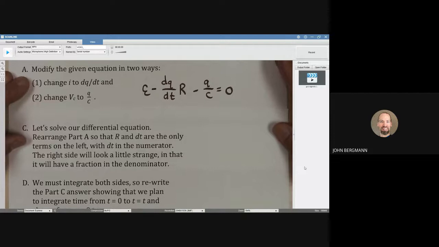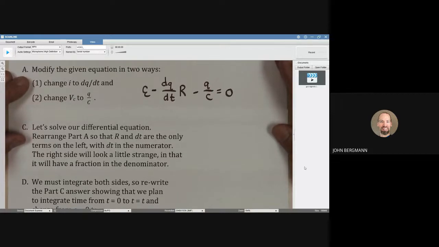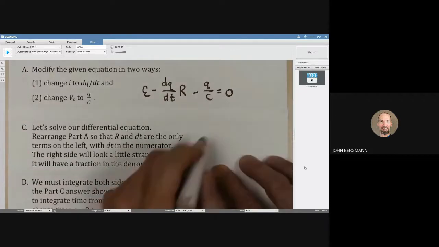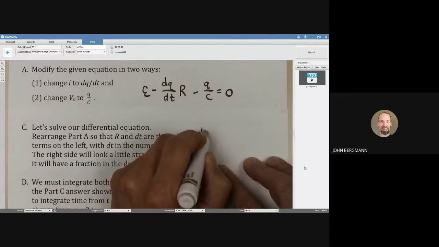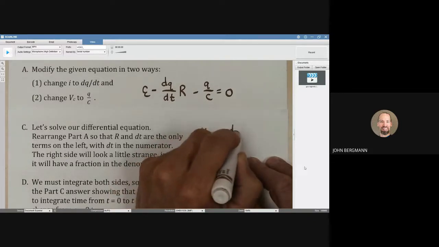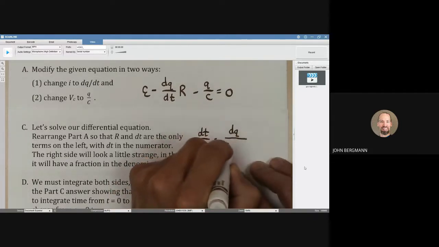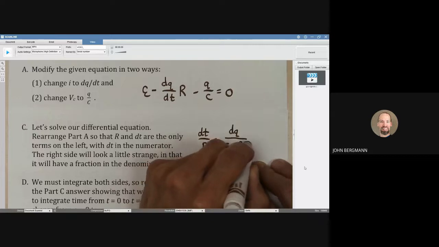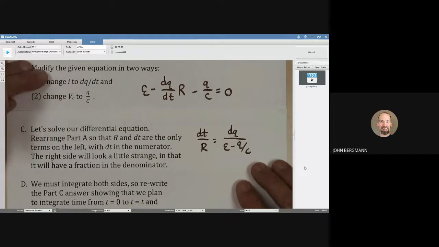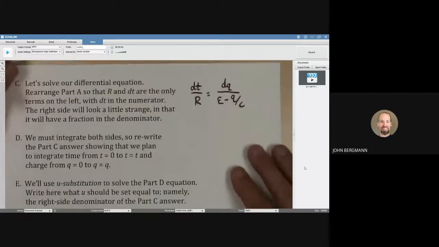And if we arrange that so that only R and dt are on the left with dt in the numerator, I'm not going to take the time to do this, but this is what the answer comes out to. dQ over E minus Q over C. Stop the video if you need to, but that's what you get to get dt and R on the left with dt in the numerator.